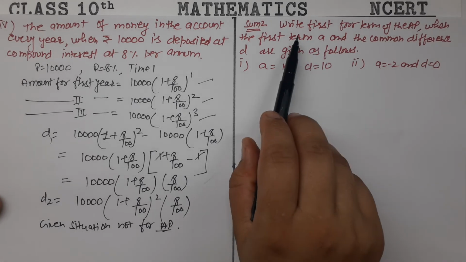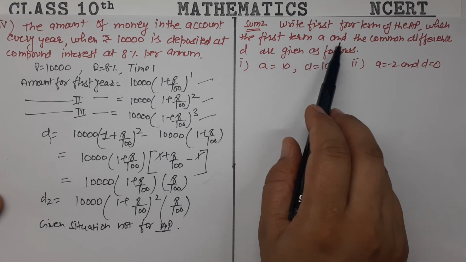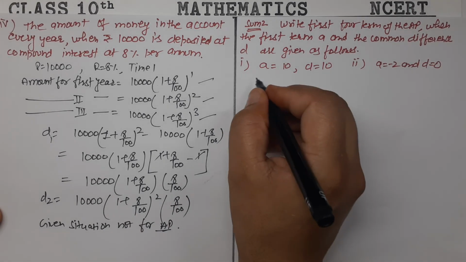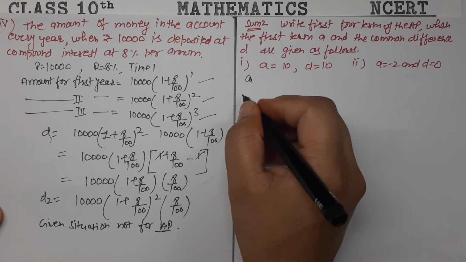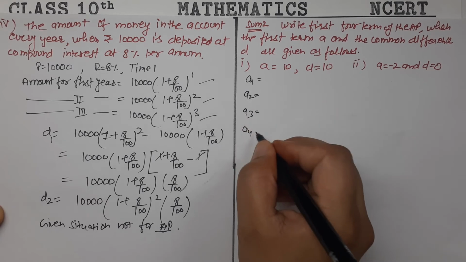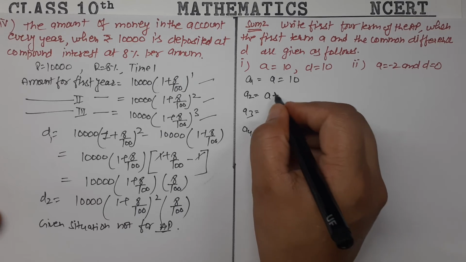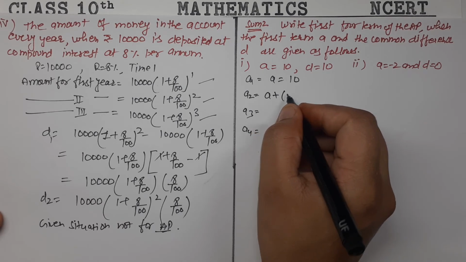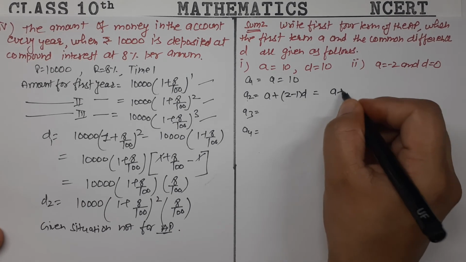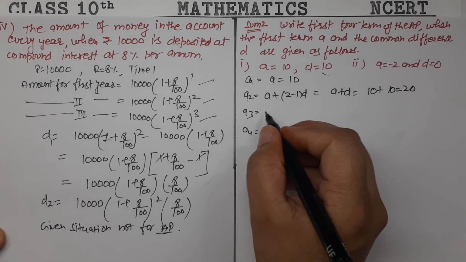Sum number 2. Write the first 4 terms of the AP when the first term is A and the common difference D are given as follows. We have to find the first 4 terms, A1, A2, A3, A4. A1 is A, that is 10. A2 is A plus formula n minus 1 D, where n is 2, so A plus D, 10 plus 10 makes 20.